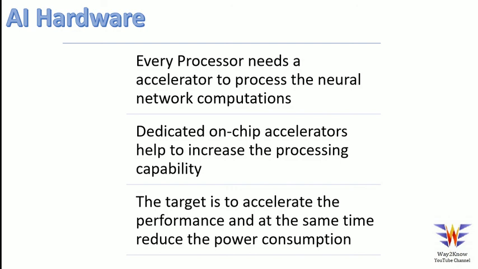This is nothing but a simple processor, for example the SOCs, the Texas Instruments SOC which we have seen, or the Intel or the Nvidia. So these are all the processors. Now how these processors are differentiated from normal processors is, these have separate accelerators inside this chipset to speed up the neural network computations that happen.